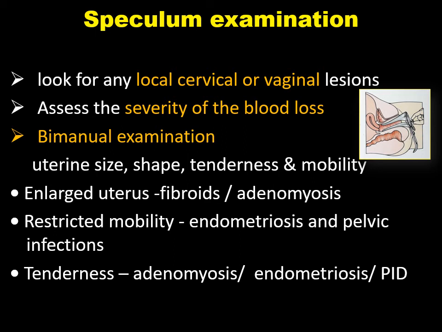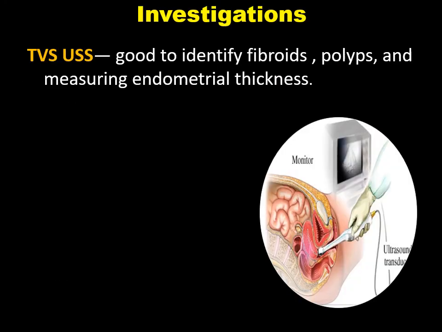For example, a regularly enlarged uterus, think of adenomyosis. If it is irregular, think of fibroids. Limited mobility in cases of endometriosis and pelvic inflammatory disease. Cervical motion tenderness with adenomyosis, endometriosis, and pelvic inflammatory disease.